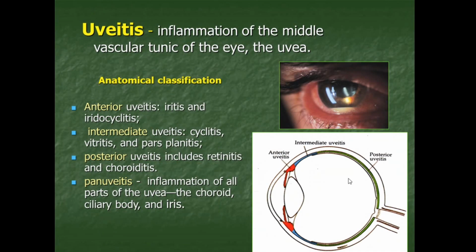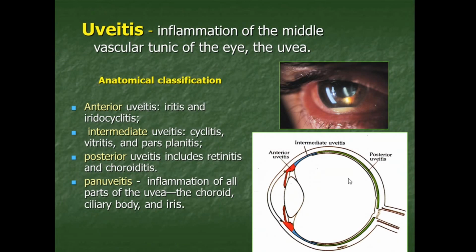The inflammation of the vascular layer of the eye we call uveitis. A rather common and rather severe disease, and it's necessary to know how to diagnose and manage such a situation.